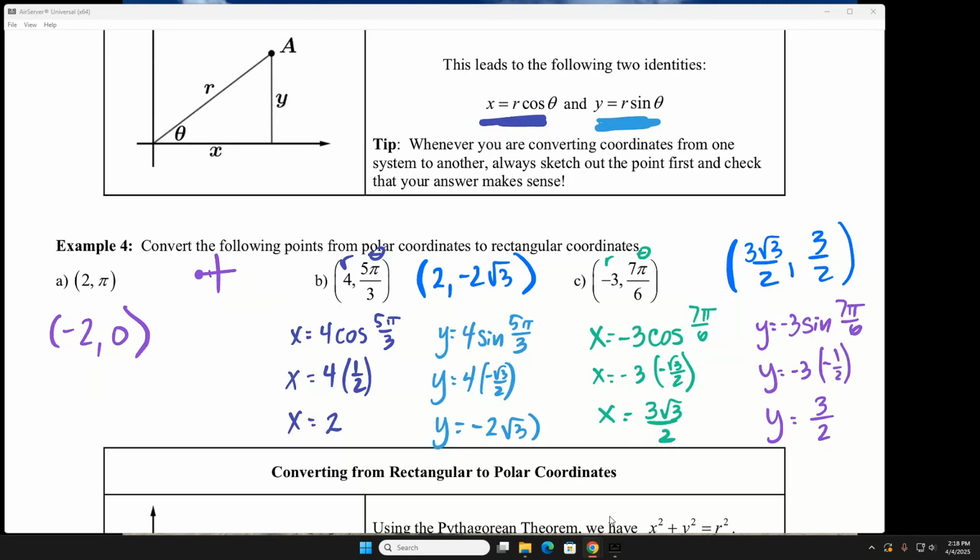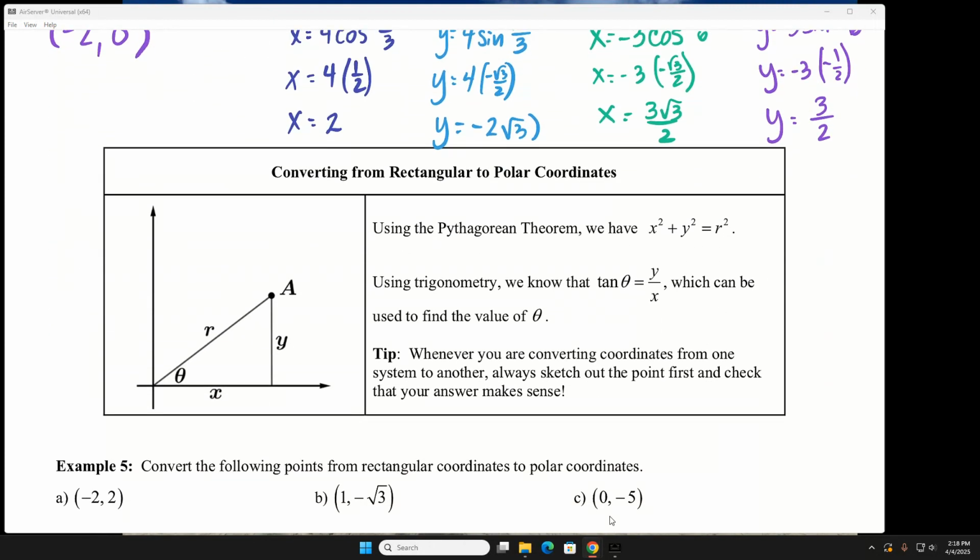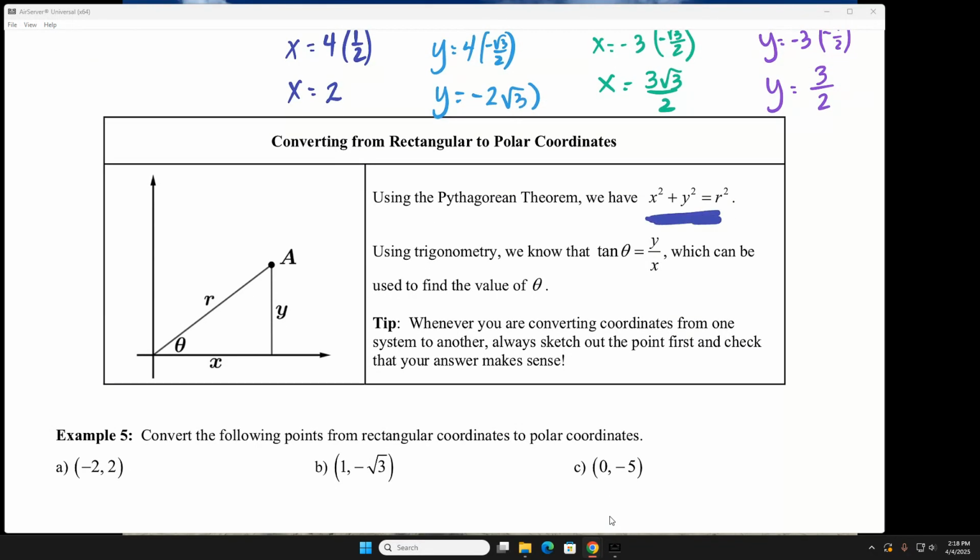All right, and we are going to have to go the other way as well. So sometimes we're given x's and y's, and we need to change them to r's and thetas. And so whenever we need to find r, we are going to use this old rule that x squared plus y squared is r squared. And whenever we want to find theta, we are going to use that the tangent of theta is y over x.